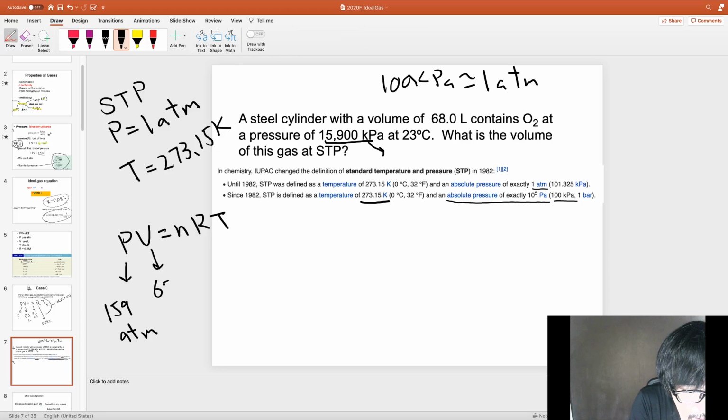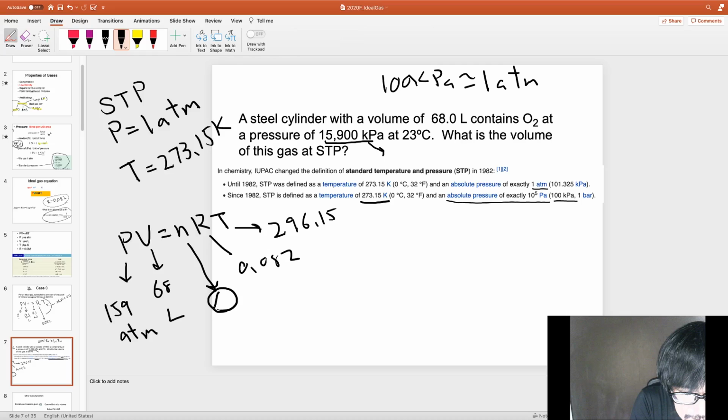We're going to use the 68 liters. That's fine, no change needed. And then temperature right here, if I add 273 on this one, then I get like 296.15, and then R is 0.082. Then we get the value of n here, whatever the number it is. You can actually calculate this n, right? And then you want to use that n for the next one. So I'm going to write the new PV equals nRT.